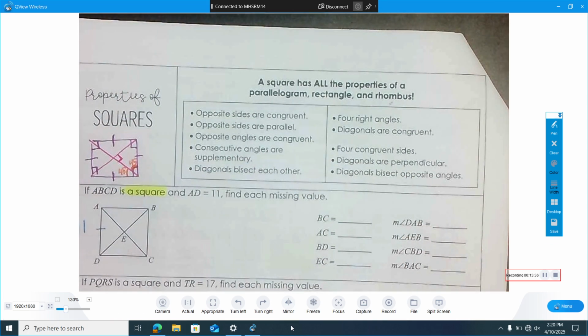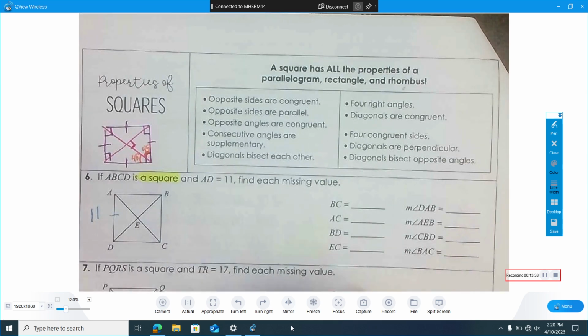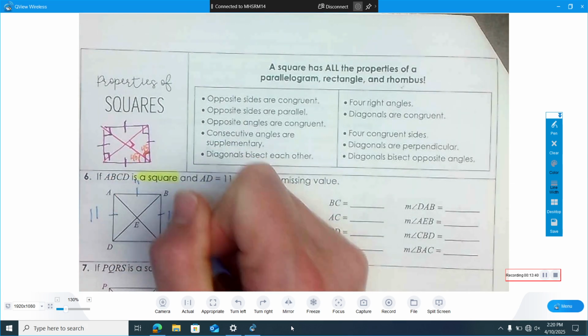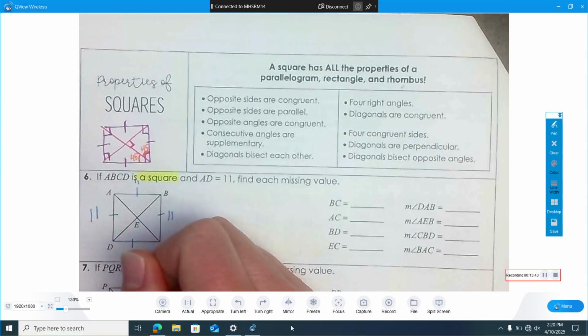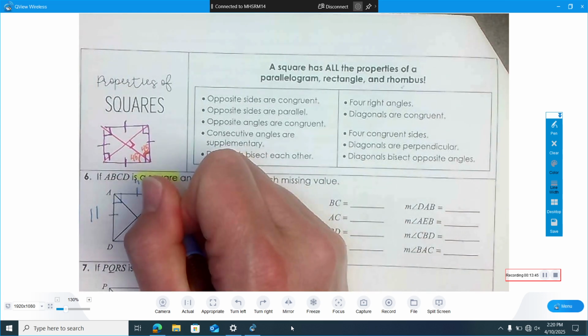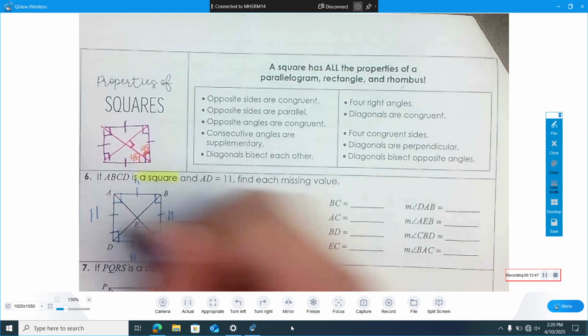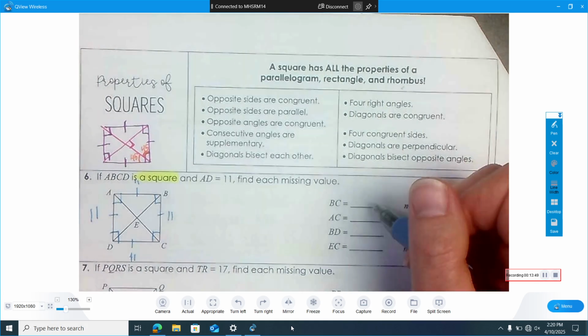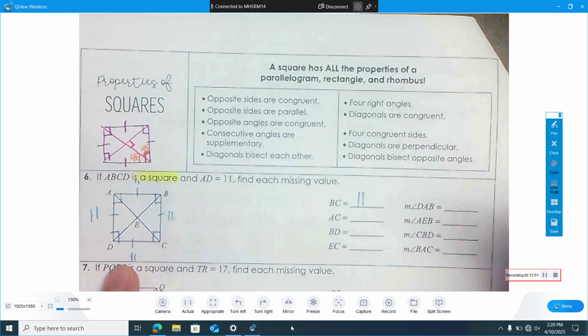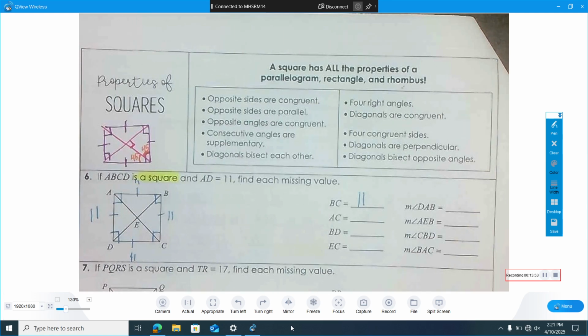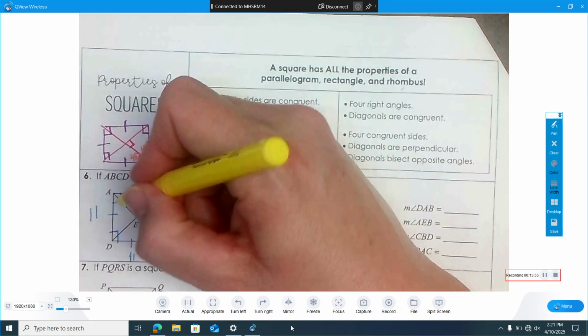What else do you know if AD is 11? The rest of them are also 11. Okay. We also know our corners are 90-degree corners. So BC is 11. But I need to find AC.